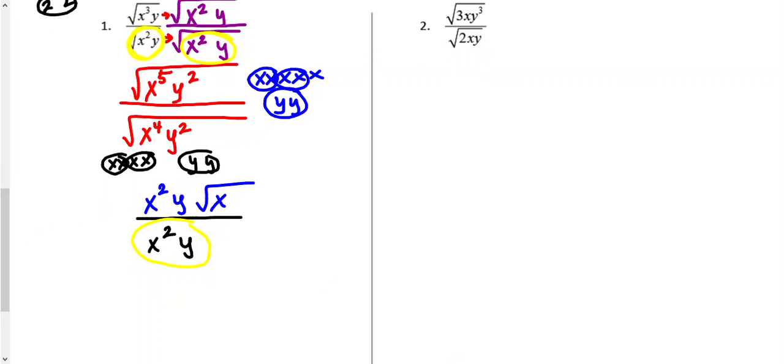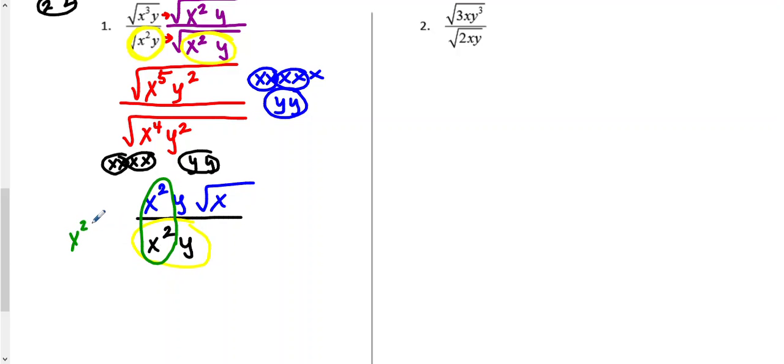This is not our final answer though, because look now, everything outside we have to simplify. And whenever we are dividing things with the same base, we have to subtract our exponents. So that now becomes 2 minus 2.